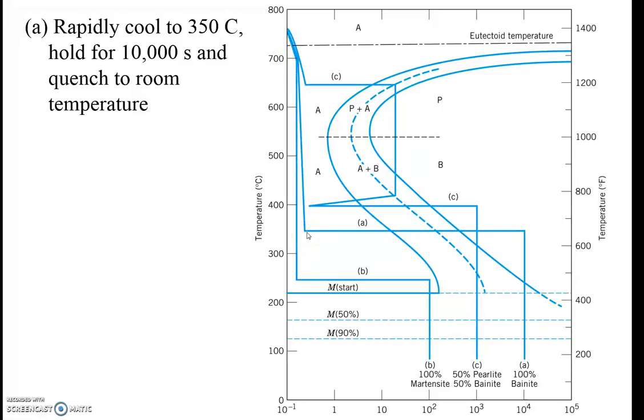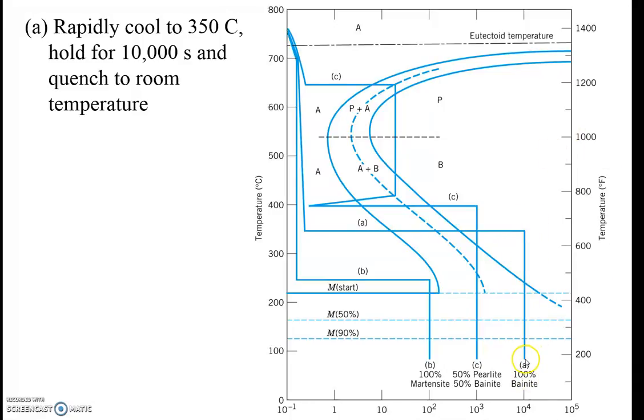Then I'm going to hold for 10,000 seconds, that's 10 to the 4th seconds. So I'm going to go all the way across, and then I quench it to room temperature after that. So when I'm here, I'm still austenite, but then I hold it for 10 to the 4th seconds, and I have transformed fully to bainite. Now then I quench it, I end up down here.